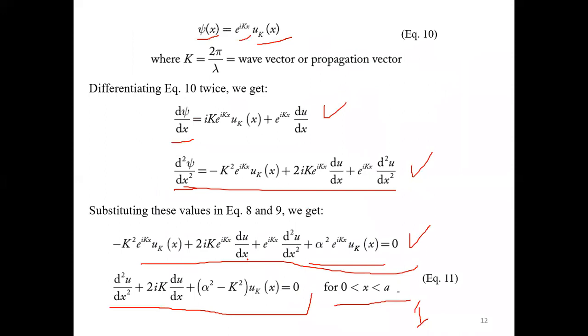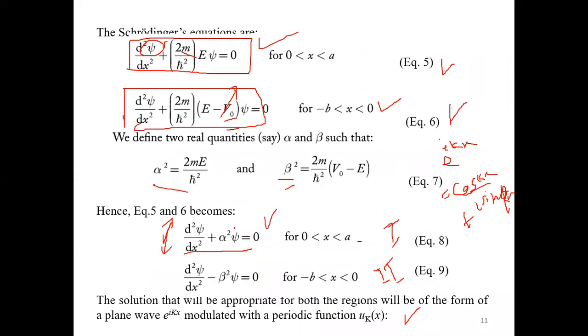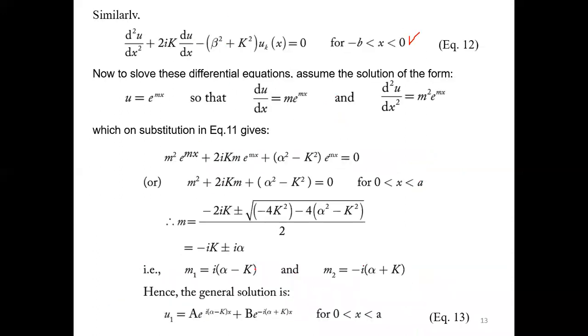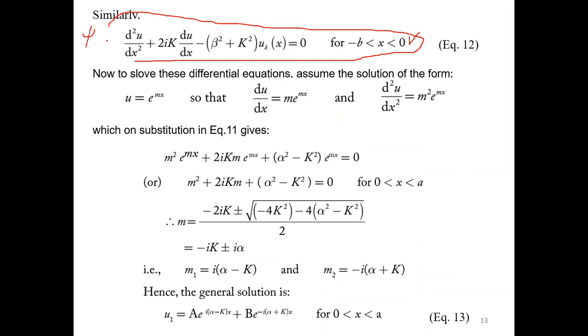So you see, we are trying to solve a differential equation, these equations. After using this trial solution, we end up with another differential equation. So now again you have to solve this one. Previously it was the differential equation of psi, now we have a differential equation of u.